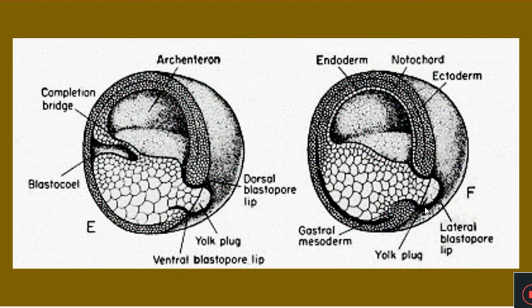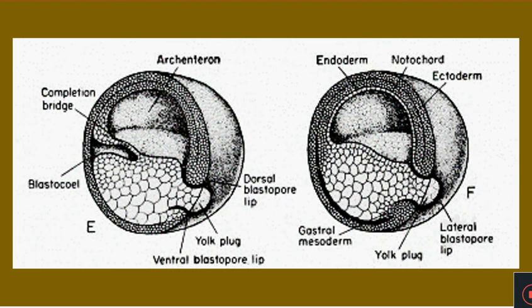Earlier the rim was larger, so the yolk plug could be seen outside, but now the rim is contracting, so the yolk plug slowly retracts to the interior. And finally the yolk plug completely disappears from view due to the closure of the blastopore, because the blastopore will finally close and the yolk plug will completely disappear from view. So yolk plug formation is only a temporary phenomenon, but it is a characteristic feature of frog embryogenesis.